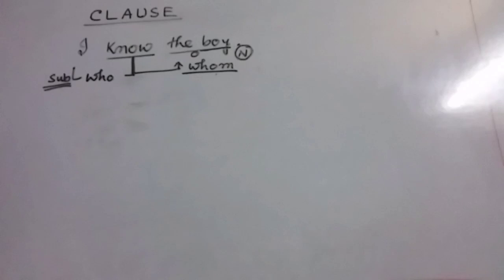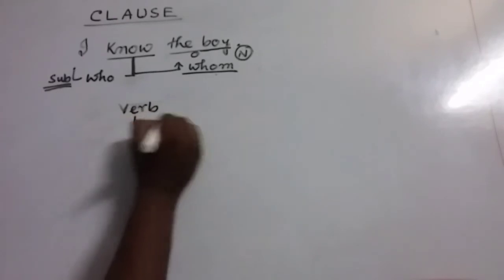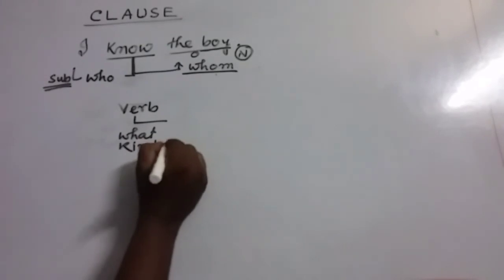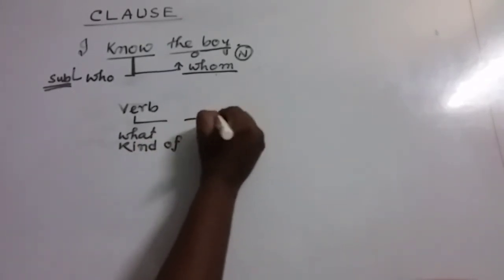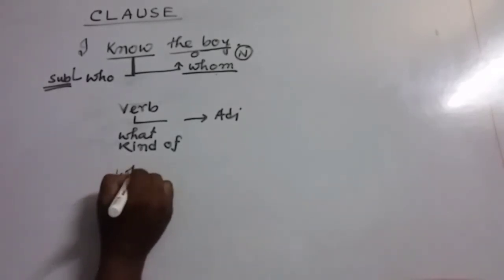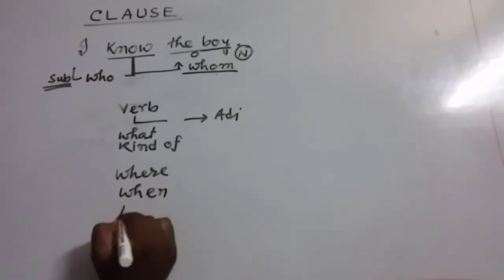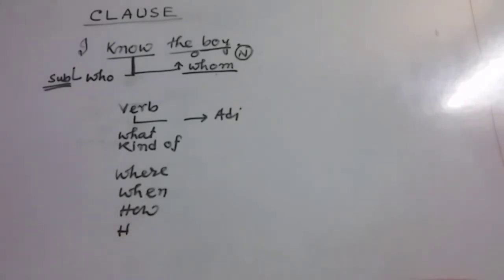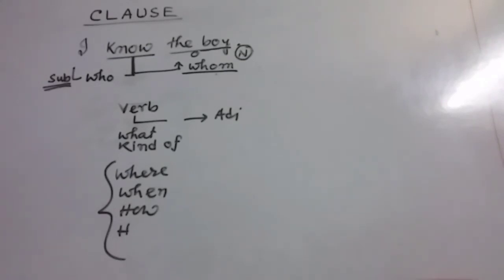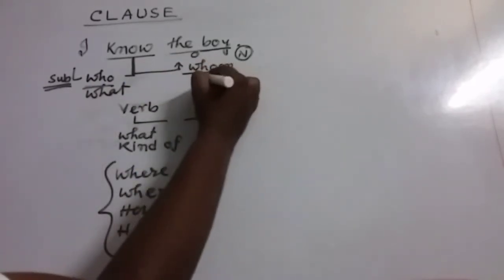Now my dear friends, if we ask the verb by what kind of, the answer will be the adjective. And if we ask the verb by these types of words, where, when, how often, how many, in this way, so many WH words are there, except who or sometimes what.